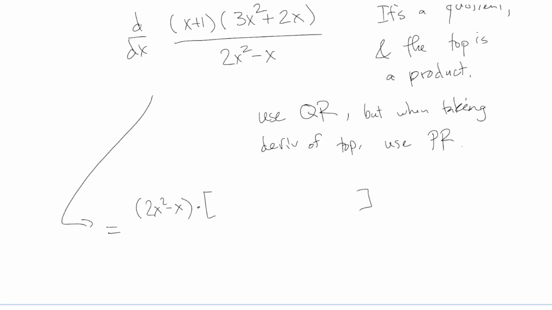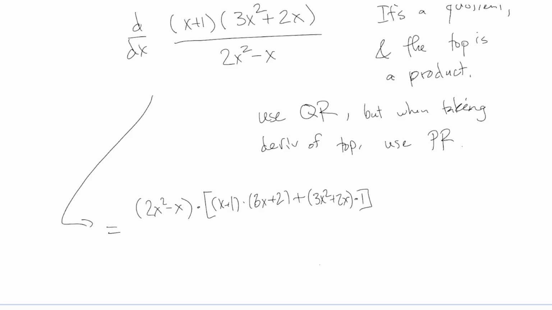The derivative of the top involves the product rule because the top is a product. So it's the first thing times the derivative of the second thing plus the second thing times the derivative of the first thing. That looks like the first thing times the derivative of the second thing, 6x plus 2, plus the second thing, 3x squared plus 2x, times the derivative of the first thing. I fit it in. The derivative of the first thing is 1.